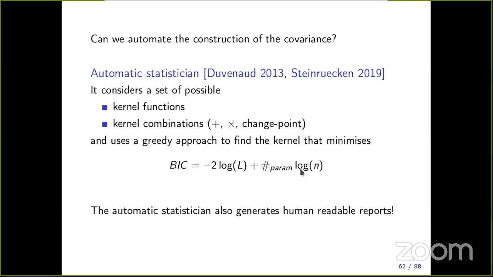What if you had multidimensional observations? How would that affect the construction of the covariance function? Yeah, great point. So you can have kernels that are for multivariate outputs. There's a very good review paper from Mauricio. I would encourage you to read it if you want to work on multidimensional GPs.